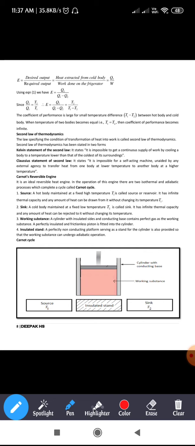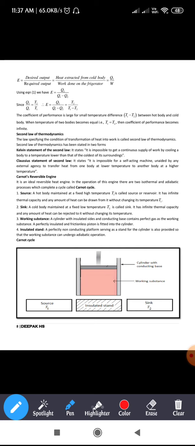You don't need any external agency to do this. But is it possible for heat to flow from a lower body temperature to a higher body temperature? No, right? Heat always flows from higher to lower temperature.